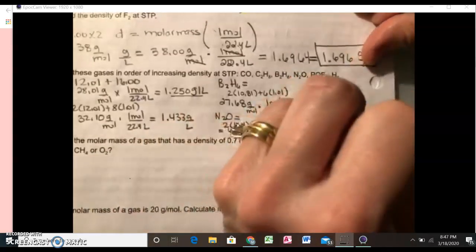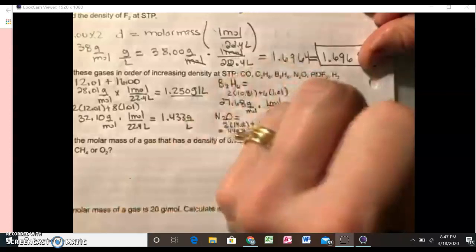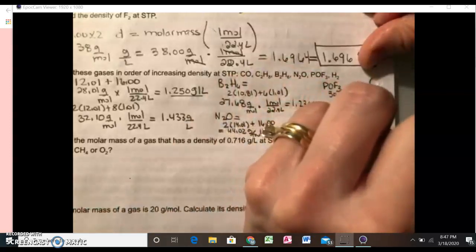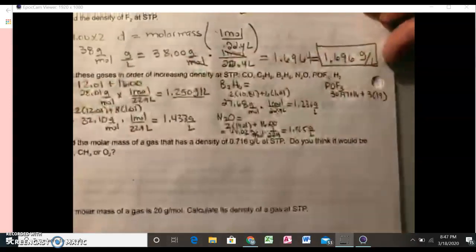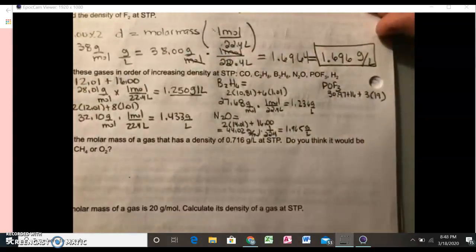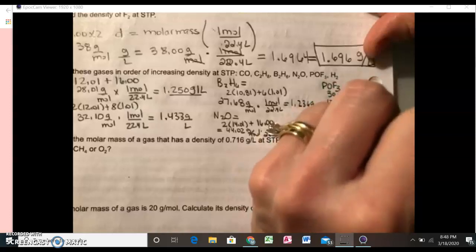Then we get to do this for POF3. So that's going to be 30.97 plus 16 plus 3 times 19. I end up with 103.97 grams per mole multiplied by 1 mole over 22.4.